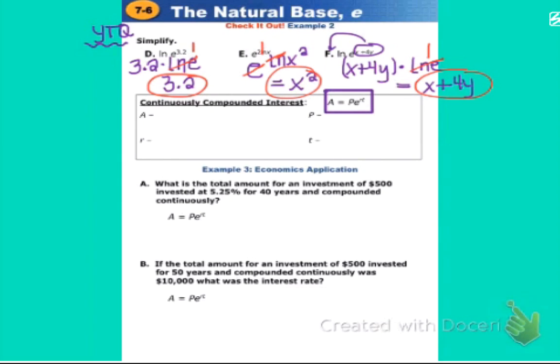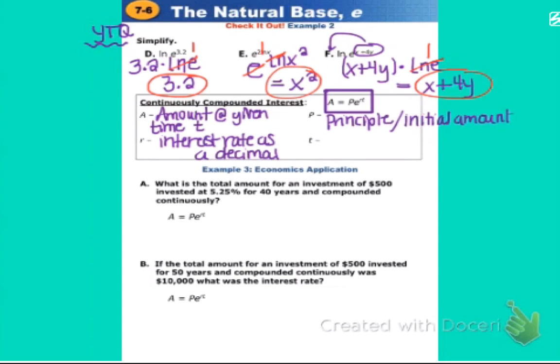So let's take a look at what each one of these things represents in the formula. What about A? A represents the amount at a given time t, so the amount that you have at any given current time. R is your interest rate that's being paid on the account as a decimal.